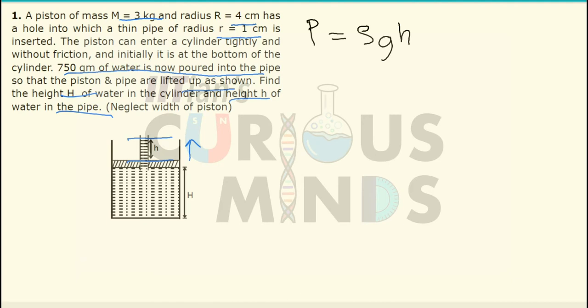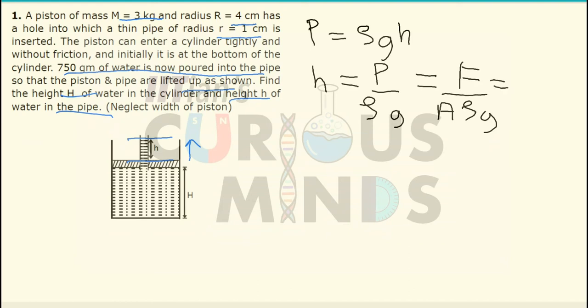Now from the rho g part, I can say that h will be equal to p divided by rho into g. Now the p can be written as force upon area, over rho into g.